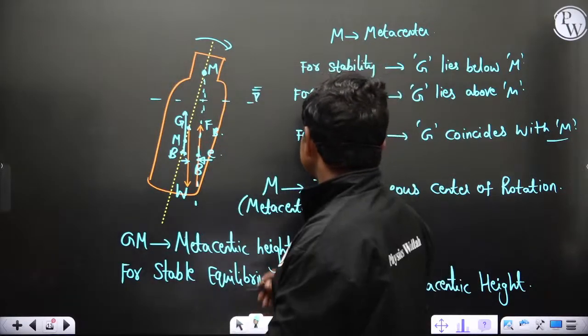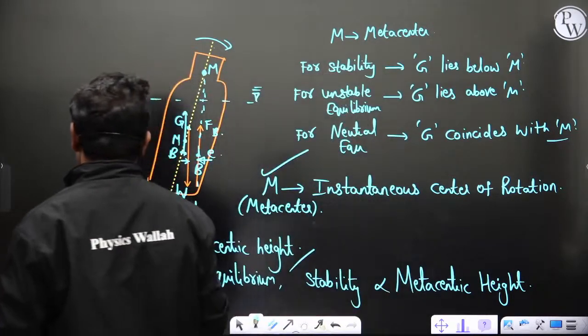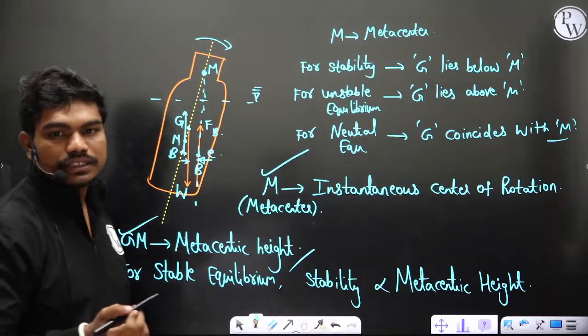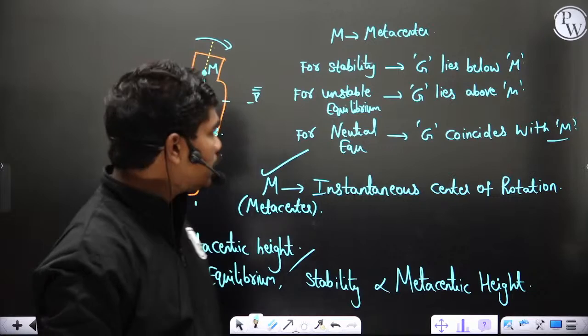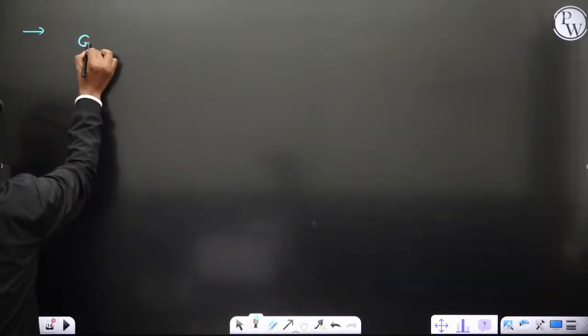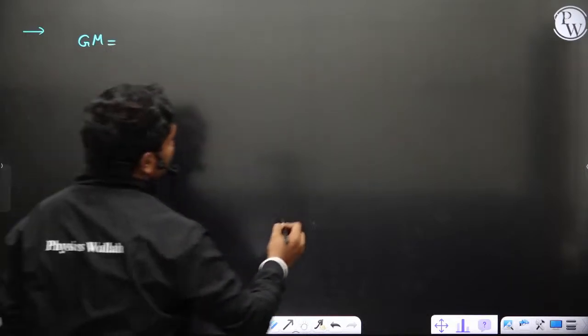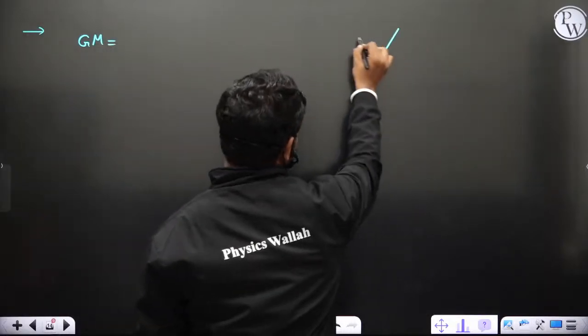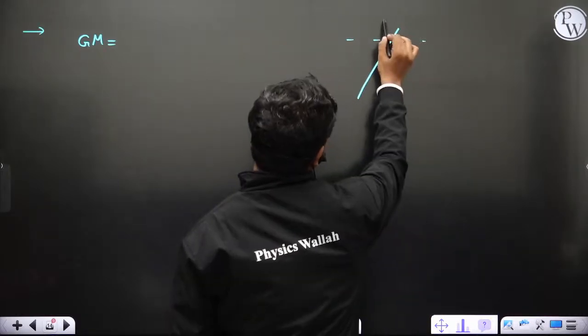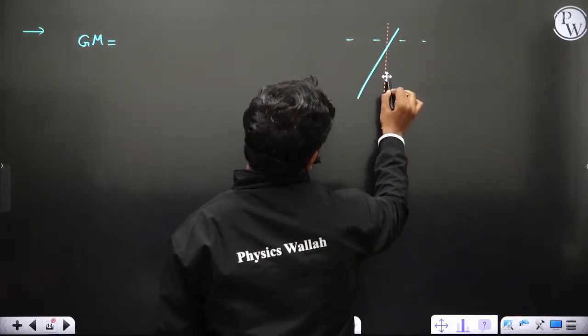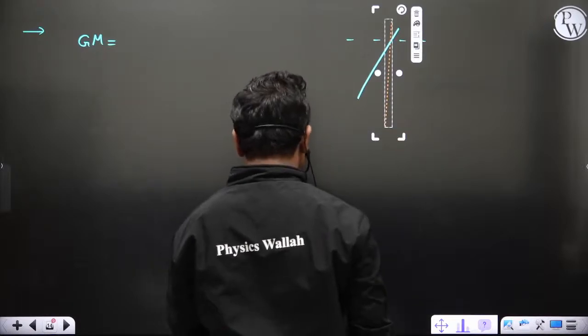So the metacenter decides the case, and GM talks about the stability of these bodies. Now, how do we calculate this GM? That's the most important thing. Right now I'm not doing the derivation, because it takes time. Look, you have all three points. Let us suppose this is the initial configuration of the body.